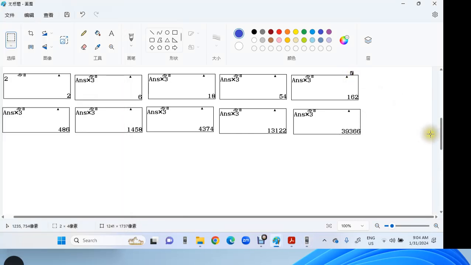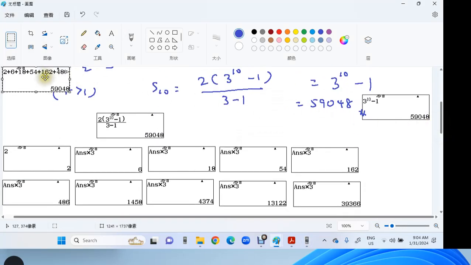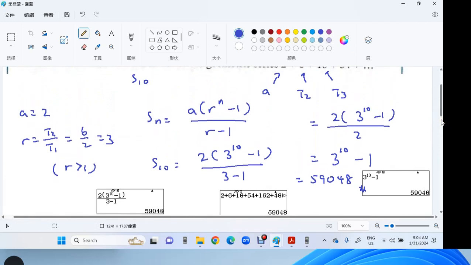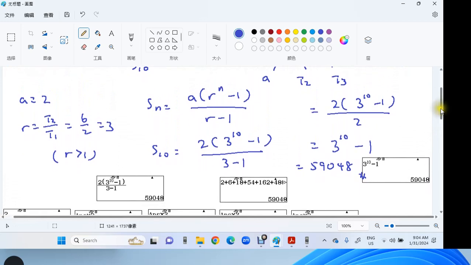So this is the Sn. Ta-da! If the n is small enough, we can list out and then sum up, and we get the answer. But in the exam we are not allowed to do this. We have to use the formula.